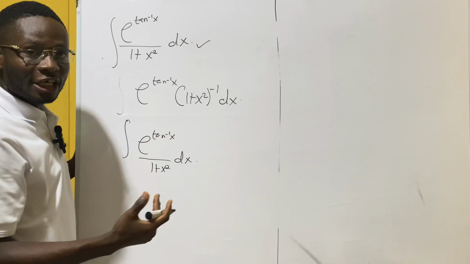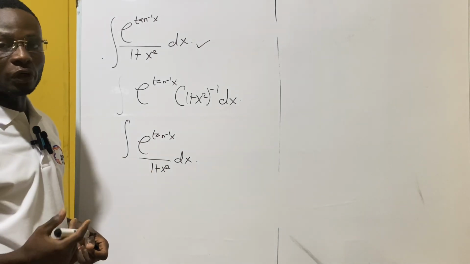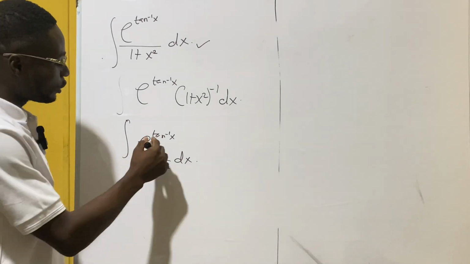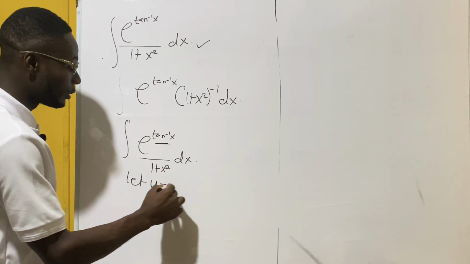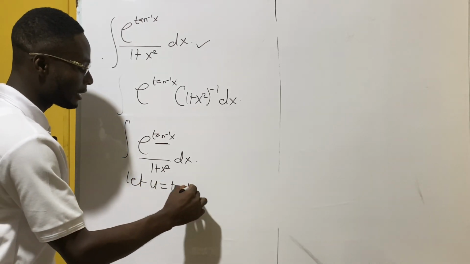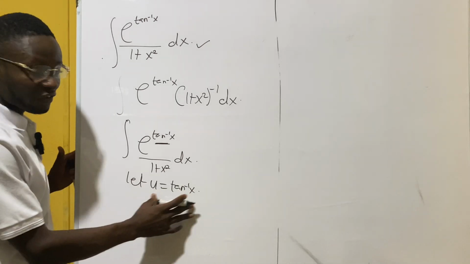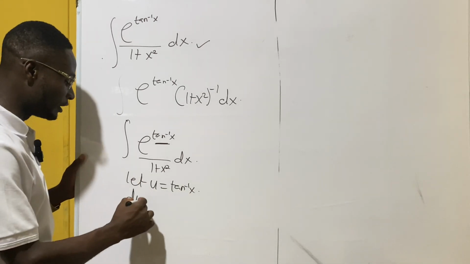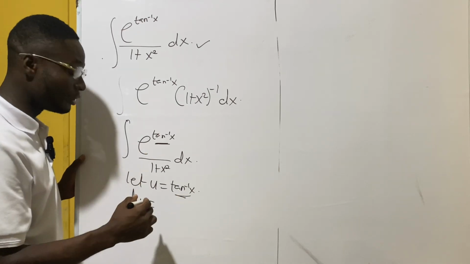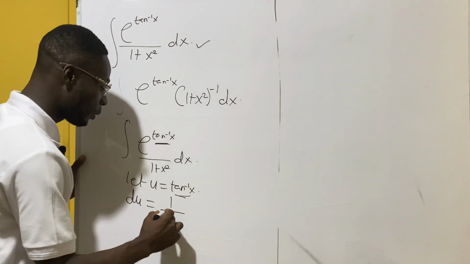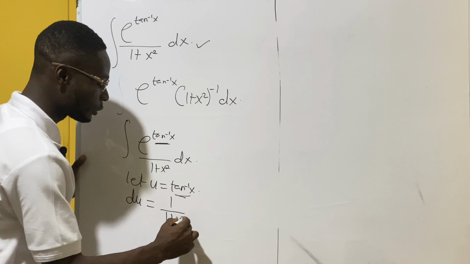We should try to use what we call the u substitution. So we can say, let u equal tan inverse of x. Differentiating both sides, when you differentiate tan inverse of x, it's going to have 1 over 1 plus x squared.